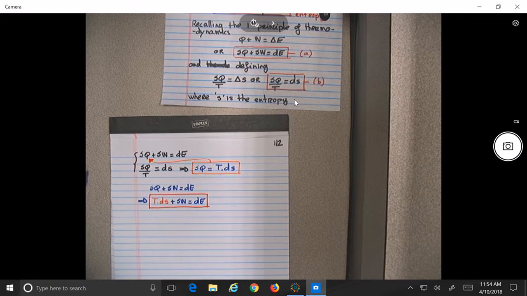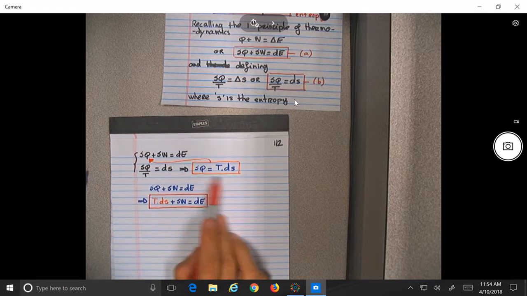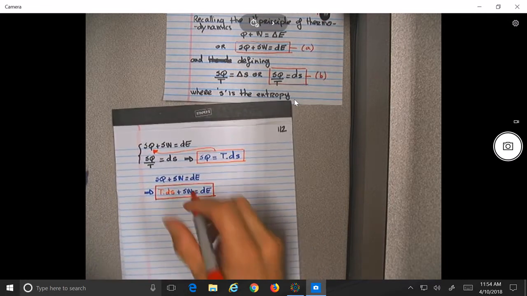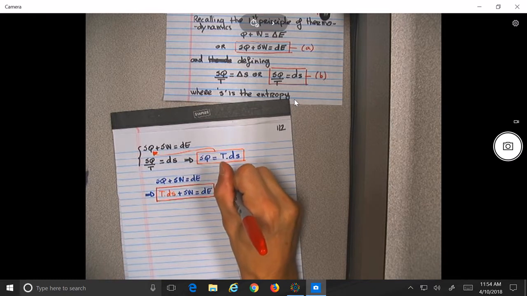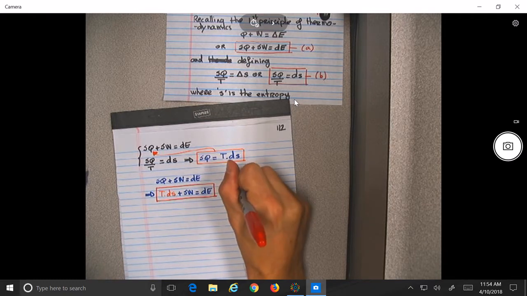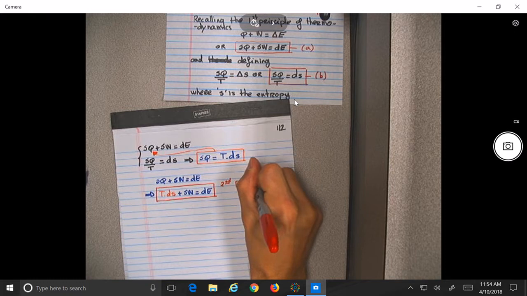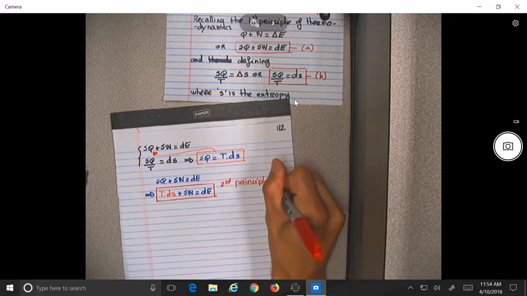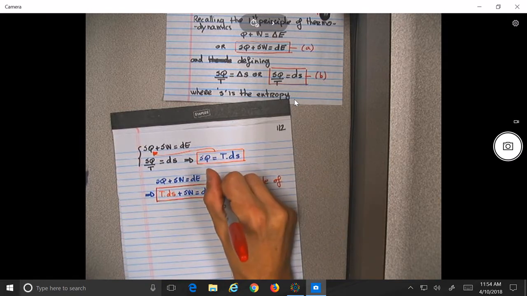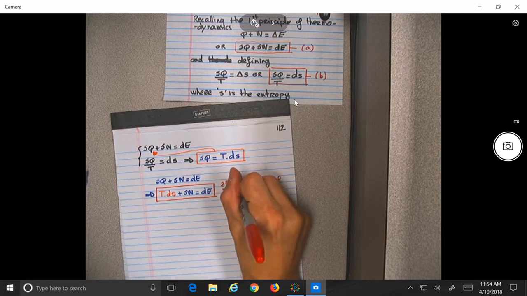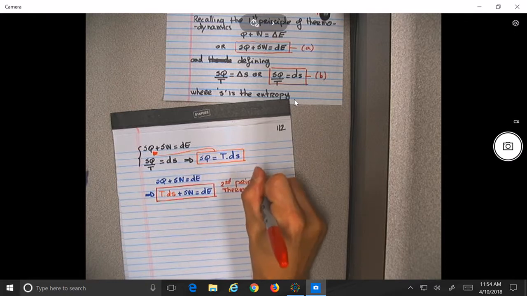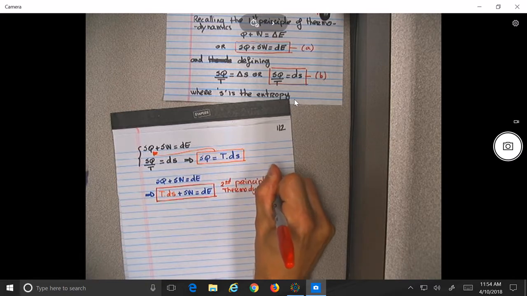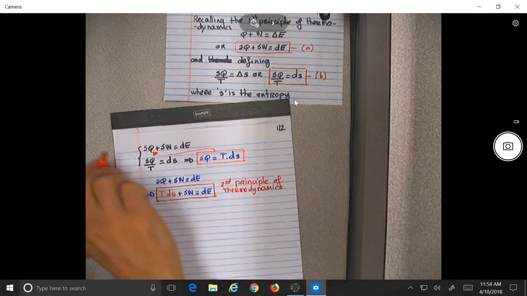So that equation over here, you see, is not rocket science. The only thing we did was to use this equation and substitute one value, which is what is known as the second principle of thermodynamics.